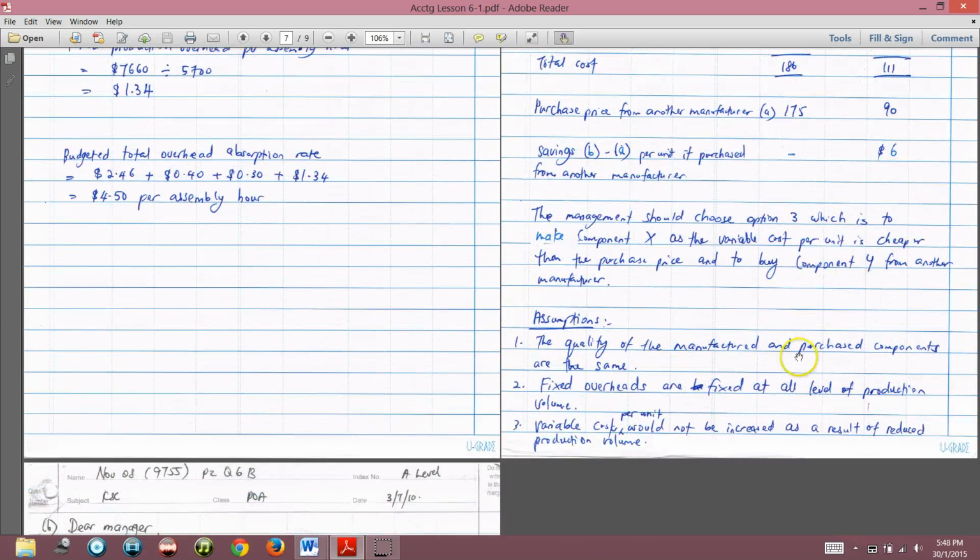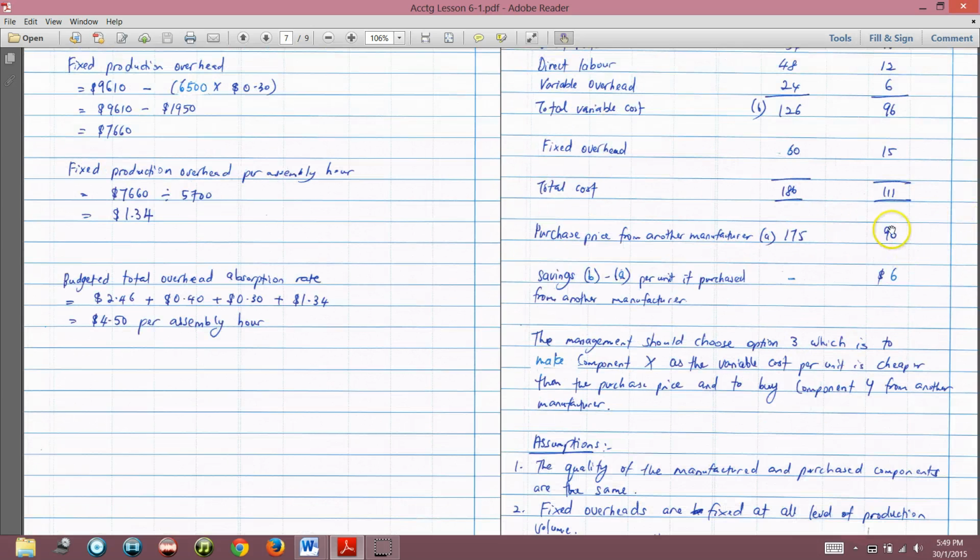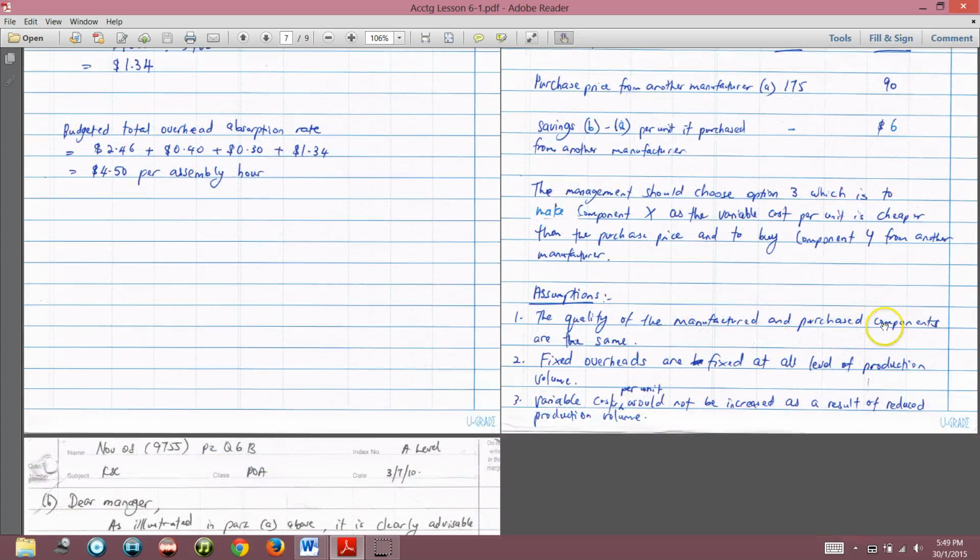Okay, so assumptions would be the quality of the manufactured and the purchased component are the same. So even though it's cheaper to buy, what if the one sold by the other manufacturer is no good quality, then you would rather make, even though it's more expensive to make. So we are assuming that the quality is the same whether you make or you buy.